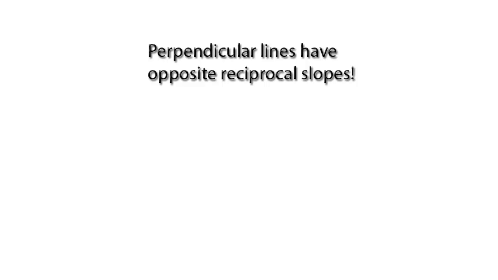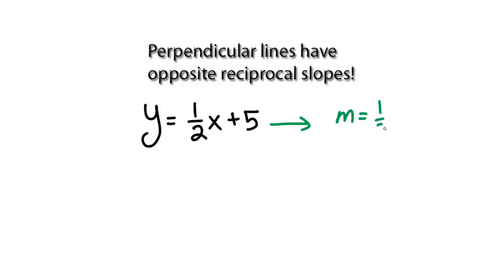Perpendicular lines, on the other hand, have opposite reciprocal slopes. Alright, what that means is this. Let's say you have this equation here, y equals 1/2 x plus 5. Okay, we know that the slope of this line is 1/2.